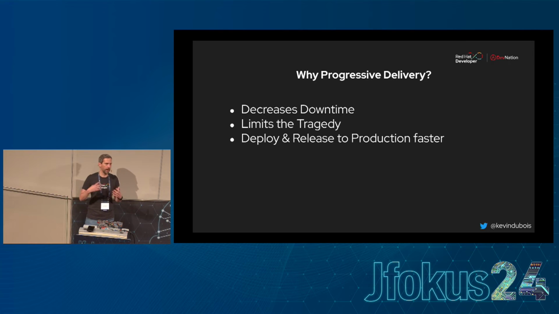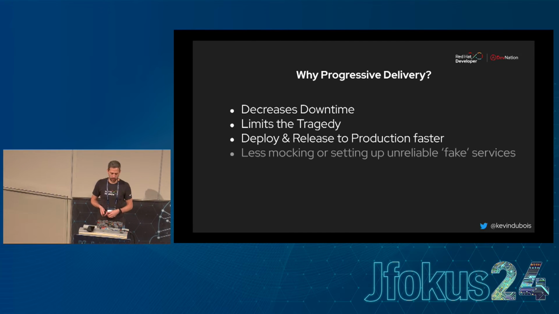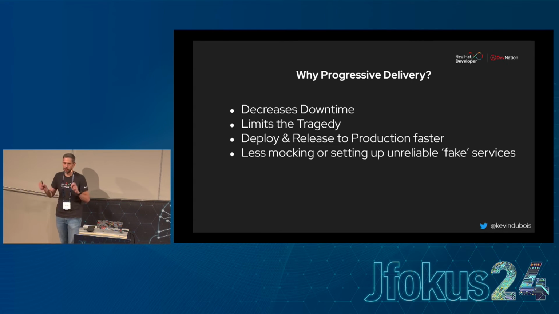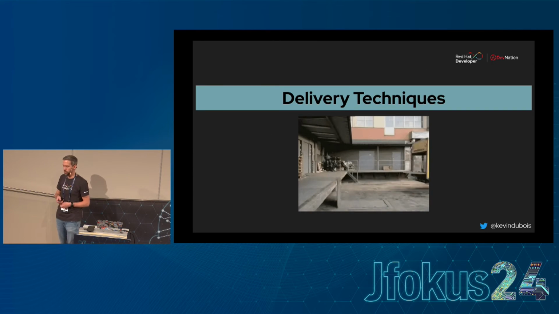By automating, and having more control and more visibility into our releases, that also allows us to deploy and release to production faster, because we have more confidence that if something goes wrong, we can handle it gracefully. And it also allows us to do less mocking or setting up these unreliable fake services, because we can actually use our production as perhaps even a testing environment.